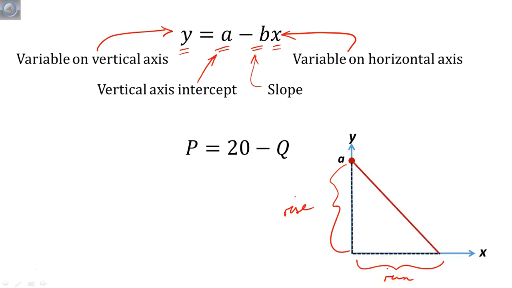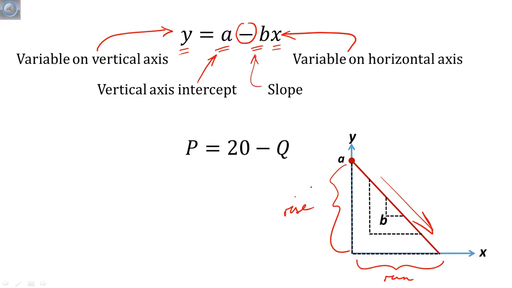It's a straight line, so rise over run at any 2 points will give you the slope, which we're representing here as B. Note that it's a negative sign, indicating that it is a downward sloped demand curve.